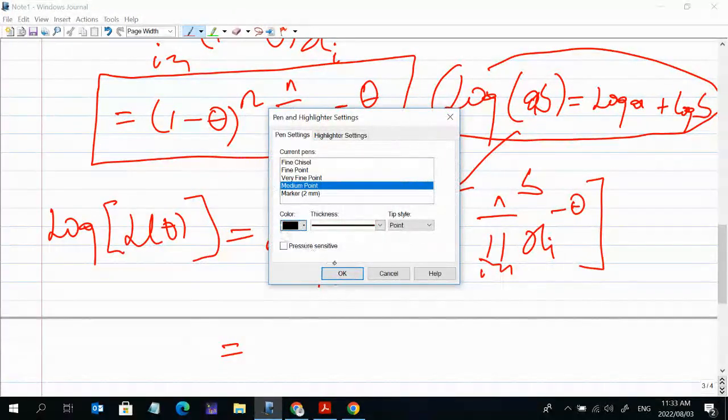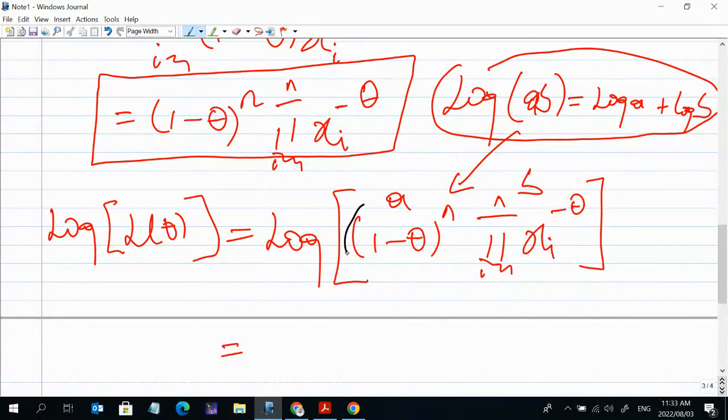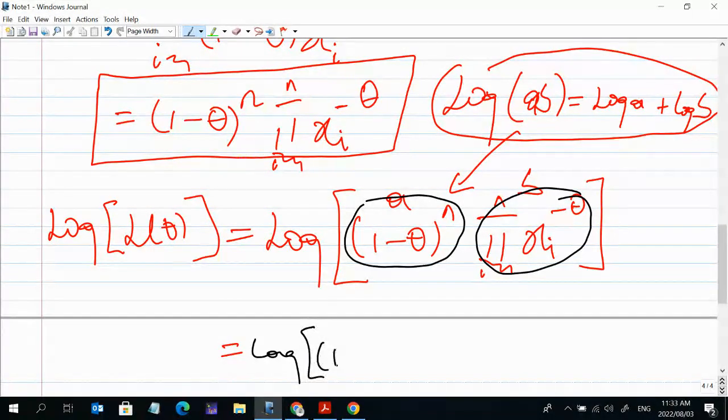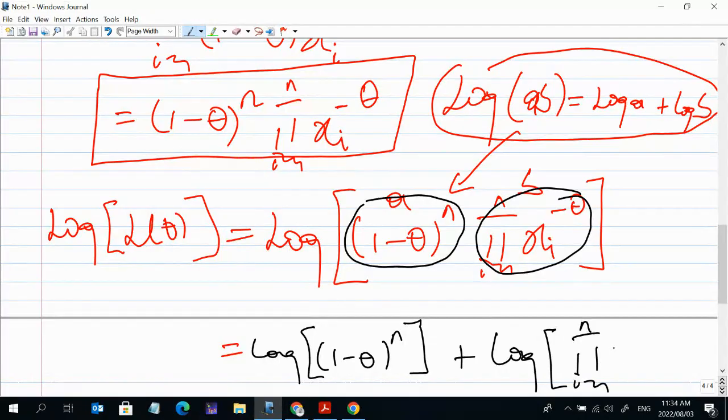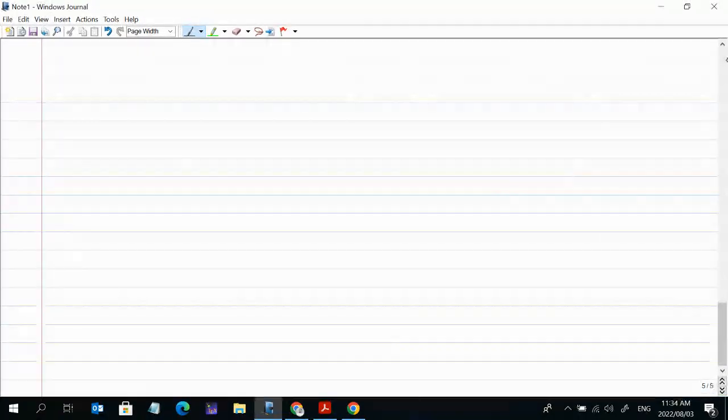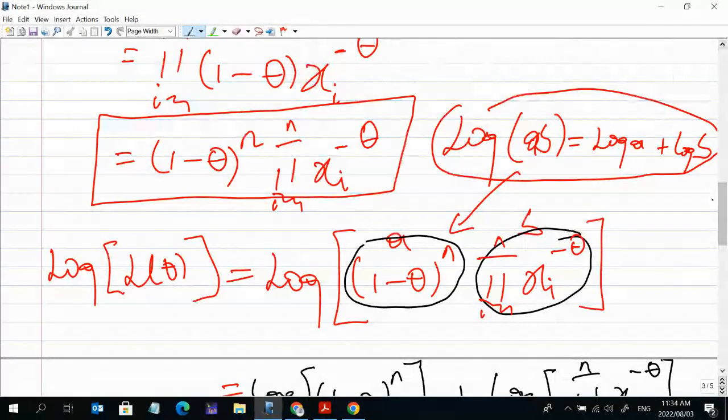This is our A, and this is our B. So the log of that is the log of (1 minus theta) to the power n, plus the log of the product of xi to the power minus theta.